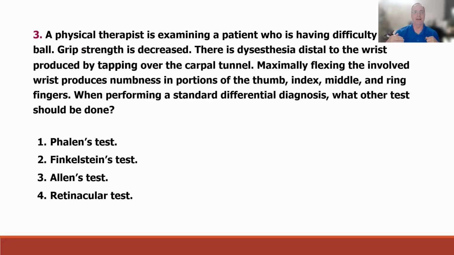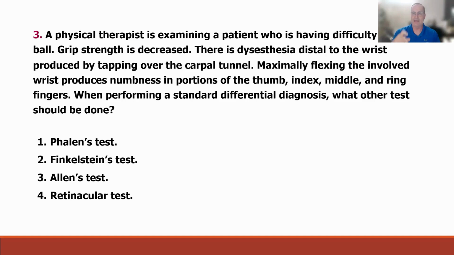You can do Allen's test in patients in which you suspect thoracic outlet syndrome, but Allen's test is really just a test of distal arterial patency and distal arterial blood flow. And it is not pathognomonic for thoracic outlet syndrome. That is, if somebody has a positive Allen's test, that doesn't mean they have thoracic outlet syndrome. It could be a finding with thoracic outlet syndrome, but it is not diagnostic of the disorder.